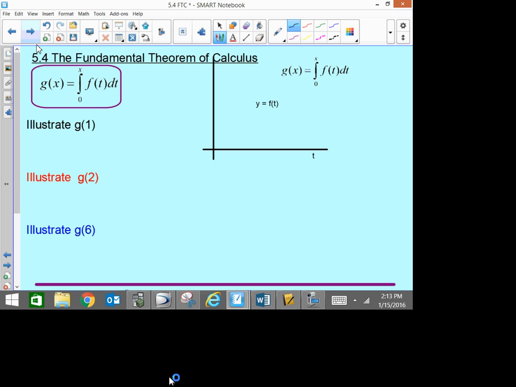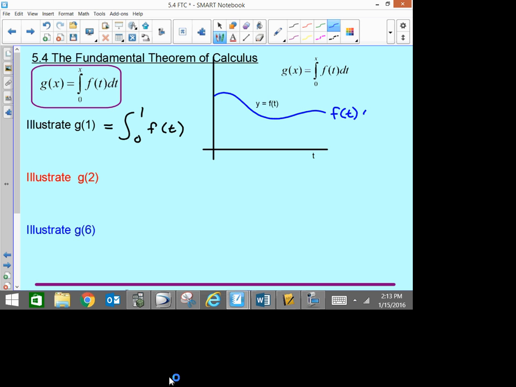Here's x again. So g of 1 is going to be the integration from 0 to 1 of f of t. What happened to my f of t? Is there anything drawn on there for you? Oh, wow. There's supposed to be something on here. Let's just draw f of t here. Let's just say it looks like this. This is f of t. I'm not sure what happened to it.